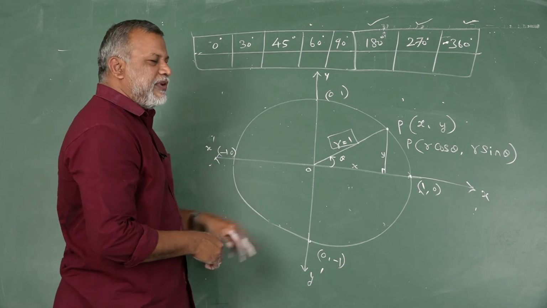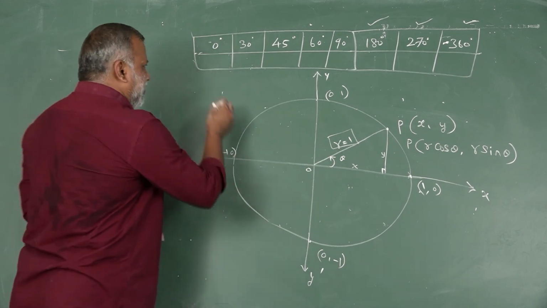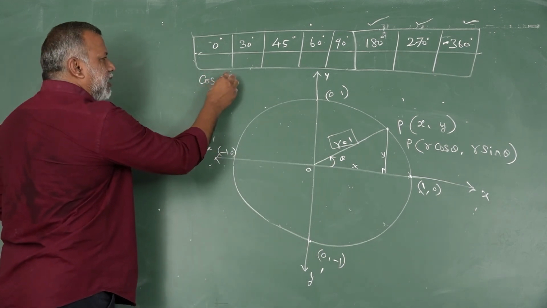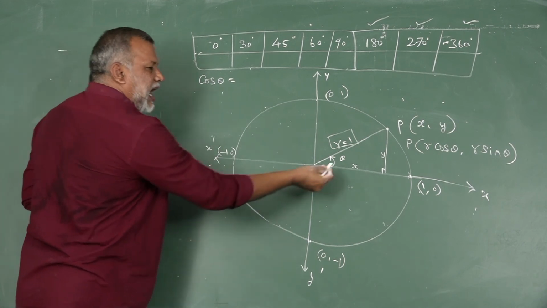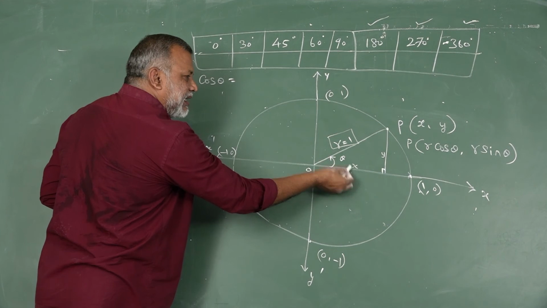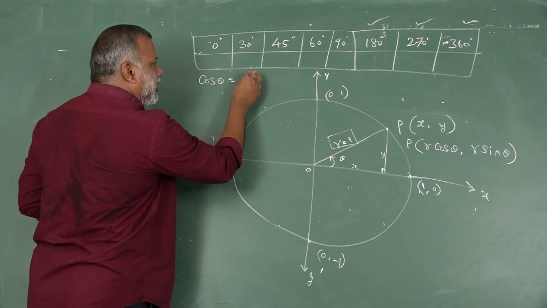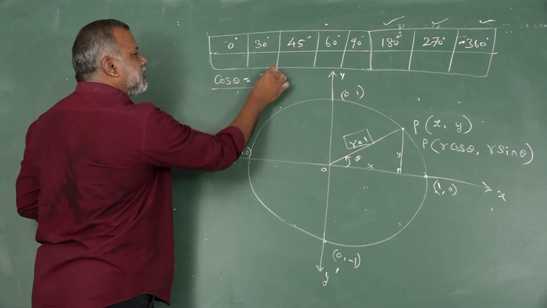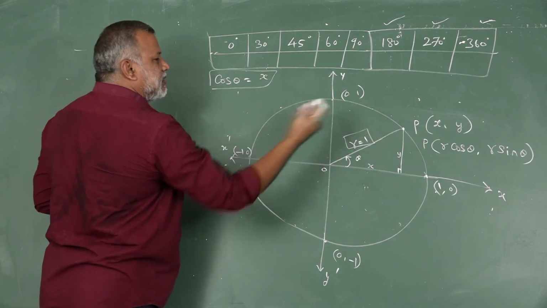You are able to derive this from the diagram. What is the value of cos theta from this diagram? Cos theta means adjacent by hypotenuse. Here adjacent is x, hypotenuse is 1. That means x by 1. The value is x. So the x coordinate x is cos theta.